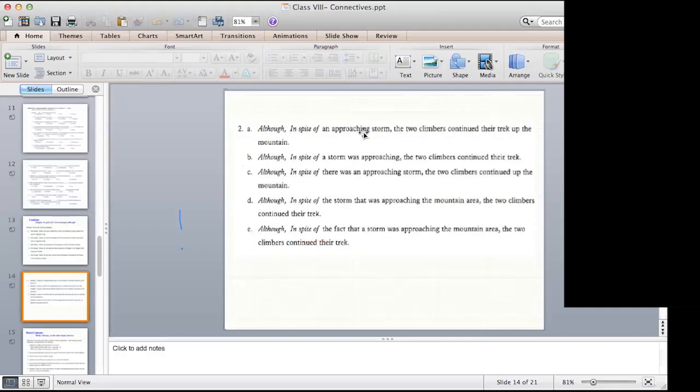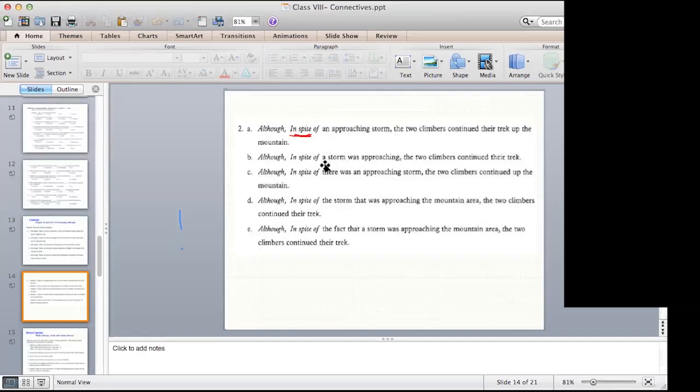Okay, good. Although, in spite of, a storm was approaching. What do we have here? A storm was approaching. We have subject and verb. Because of subject verb, of course, we need although. Although a storm was approaching, the two climbers continued their trek.